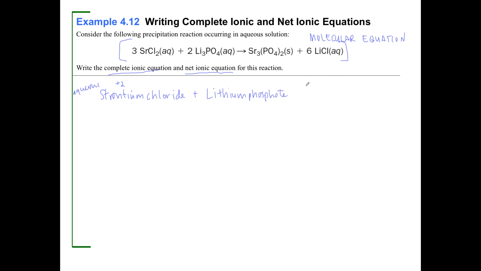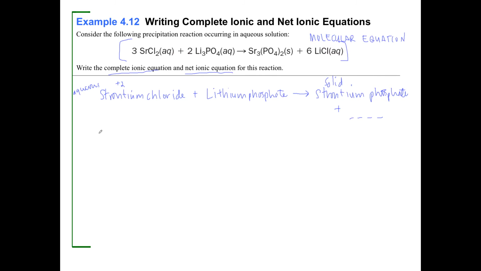Lithium phosphate, right? Produces strontium phosphate. I'm doing more than I was asked to do in the question, okay? This is important for practice. This is solid strontium phosphate and aqueous lithium chloride, plus that other stuff.